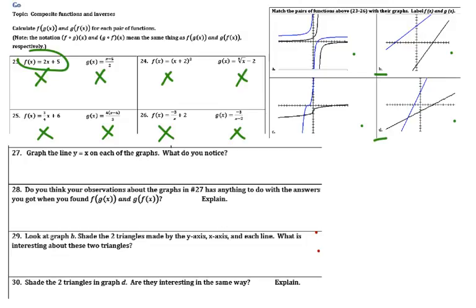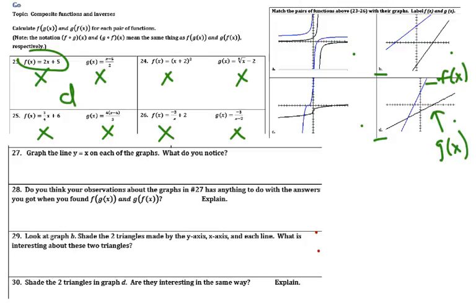So it's going to be, for 23, it's going to be D. And the blue one is going to be the f of x, which would make the black one the g of x. Okay. Now 24 is a cubic one.